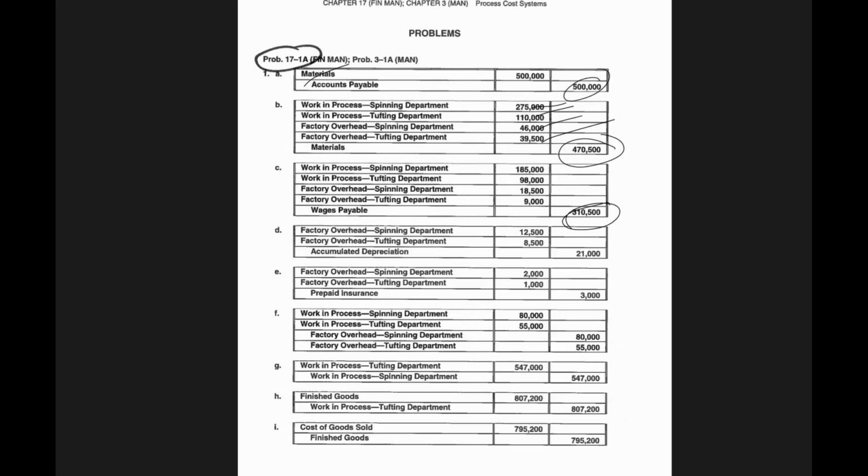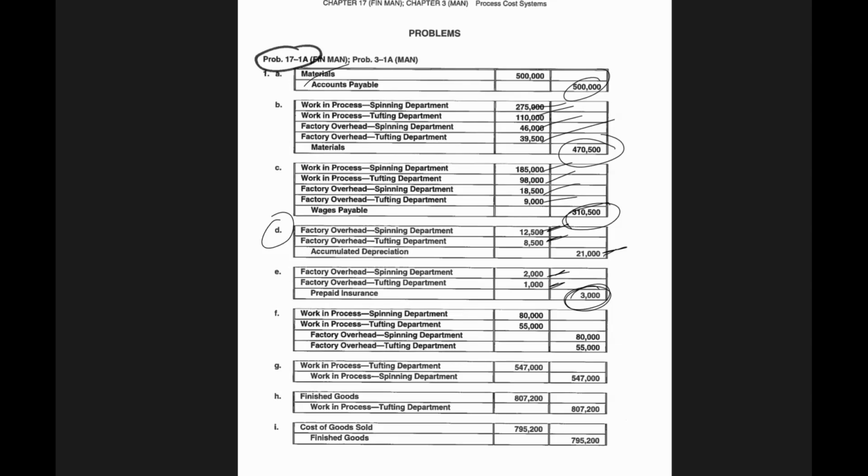Wages incurred, direct costs going into WIP, and indirect costs. Here's the depreciation entry going to accumulated depreciation, and then our two overhead accounts for the two departments. Using up some prepaid insurance, again, must be indirect costs going into the two overhead accounts.